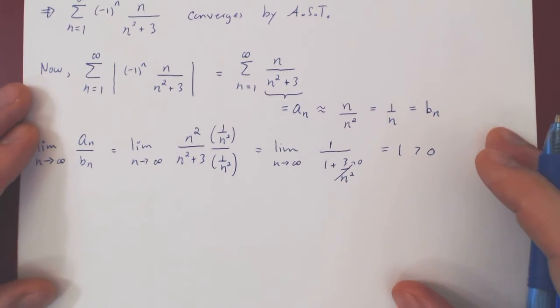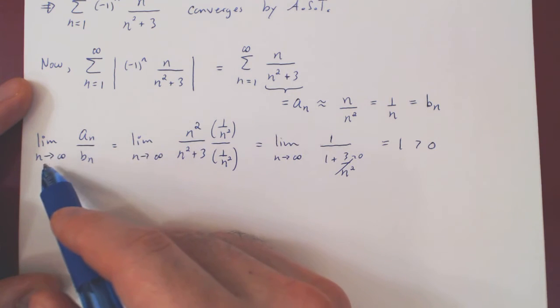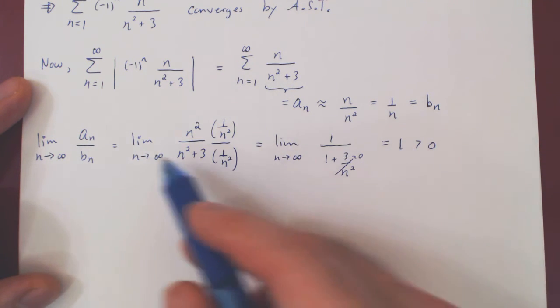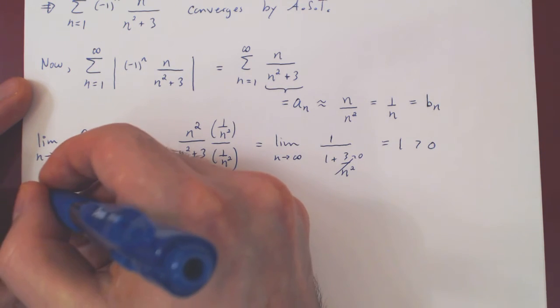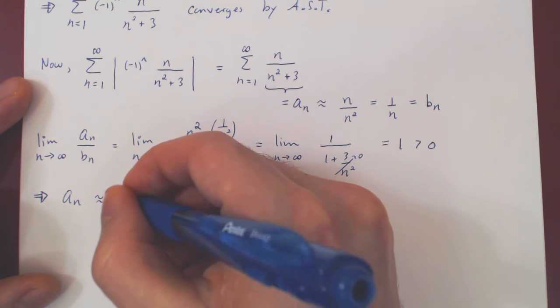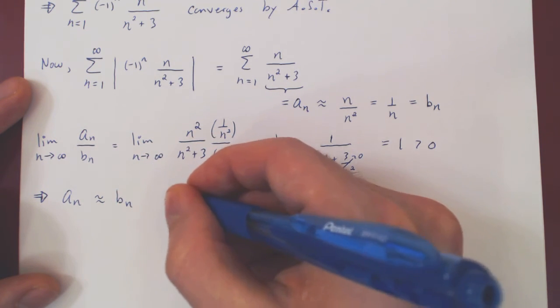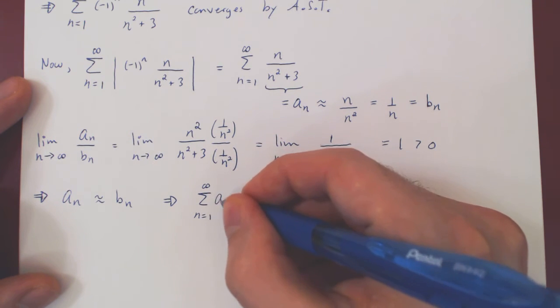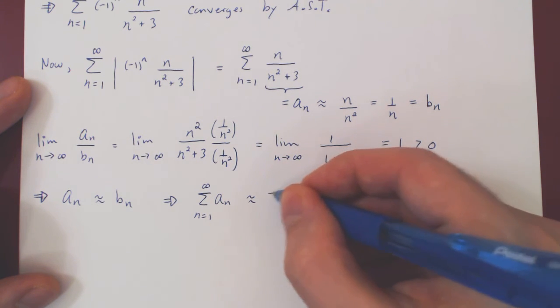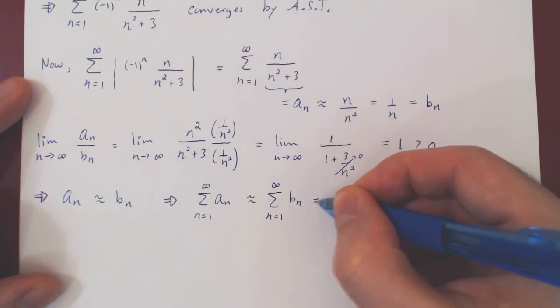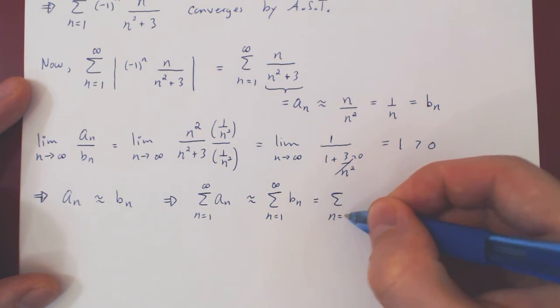So, our intuition is that when n is very large, an over Bn is roughly equal to 1, and so an is roughly Bn, again when n is large. Therefore, if we are summing the terms an, this will be approximately summing the terms Bn, but Bn is quite simply 1 over n.